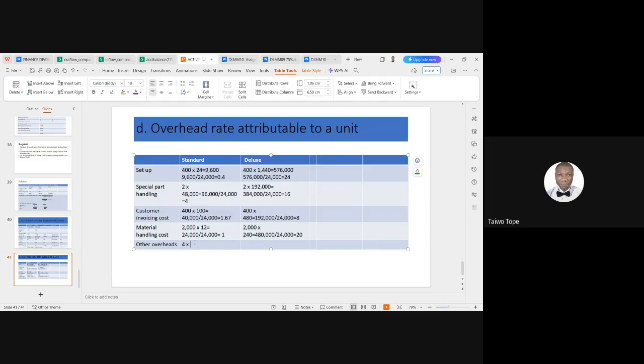Multiply by 96,000 hours. The result will be 384,000, divided by 24,000. For 1 unit, the result will be 16 naira.